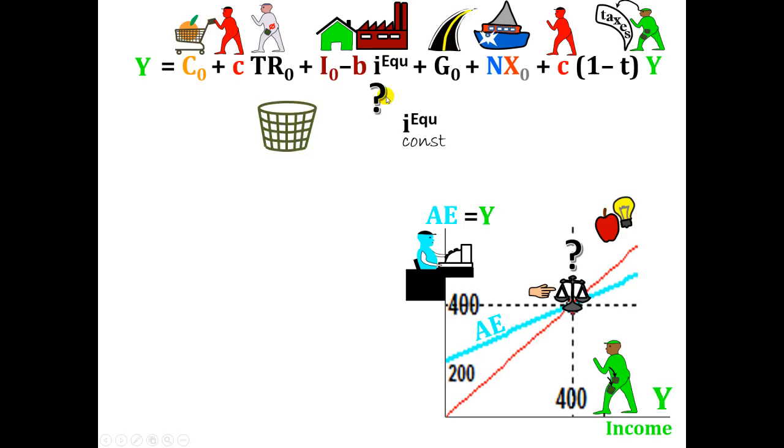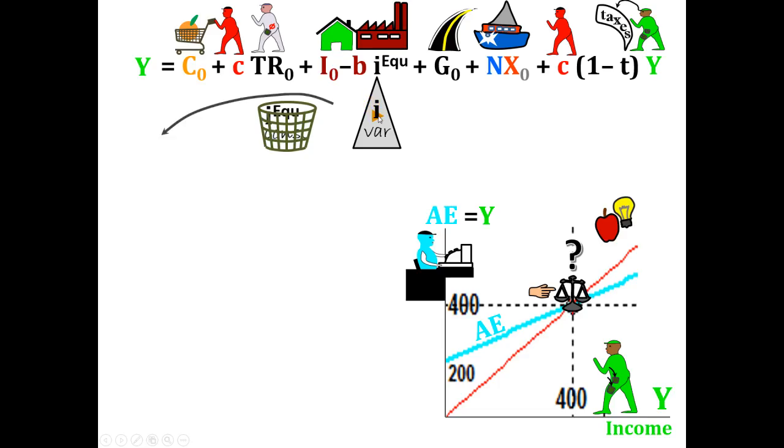And here, if I want to find the value of this I equilibrium, then how do I find it? The first thing that we have to do is to drop the assumption that this is a constant. So we don't assume that this is constant anymore. Now the interest rate is going to be a variable. So the first thing that we are going to do is to isolate the interest rate from here.